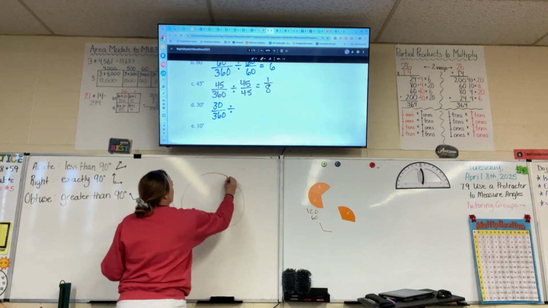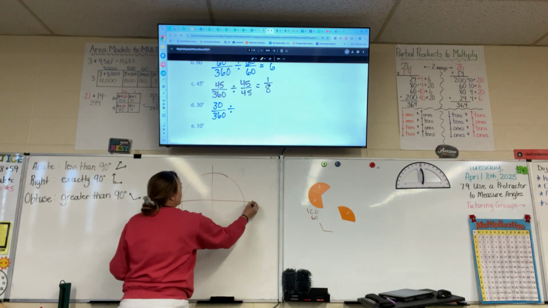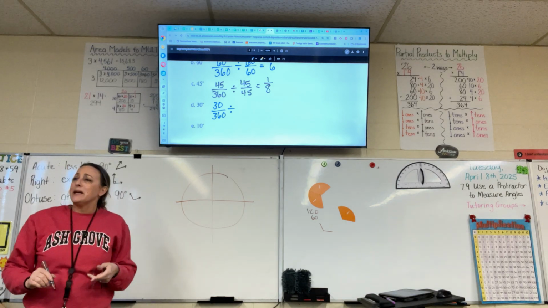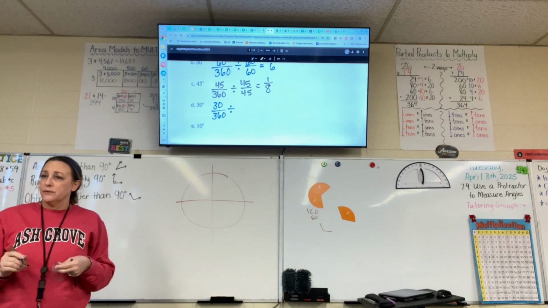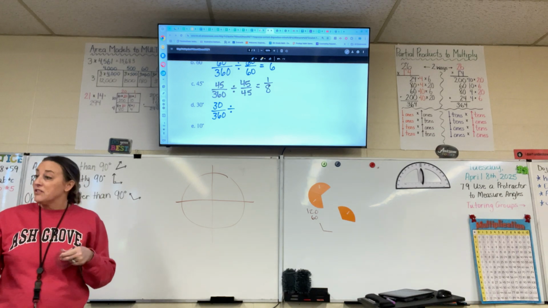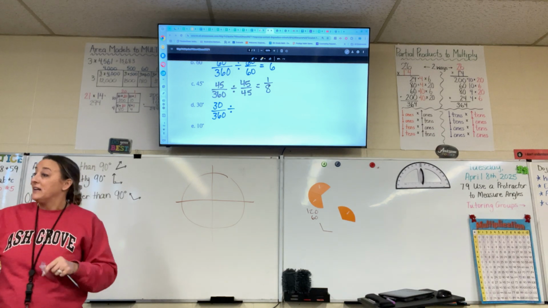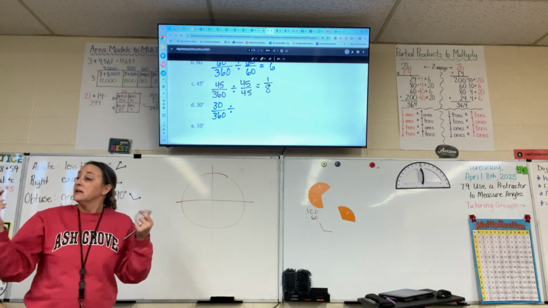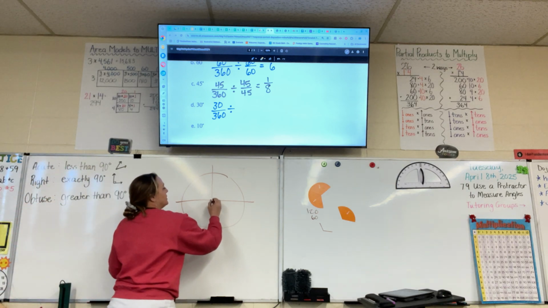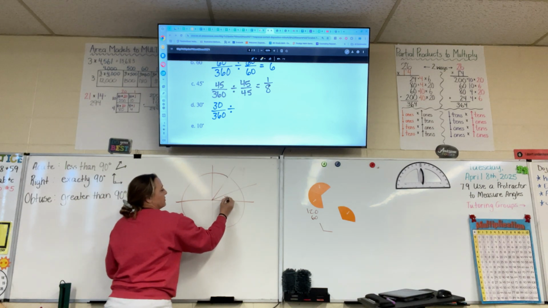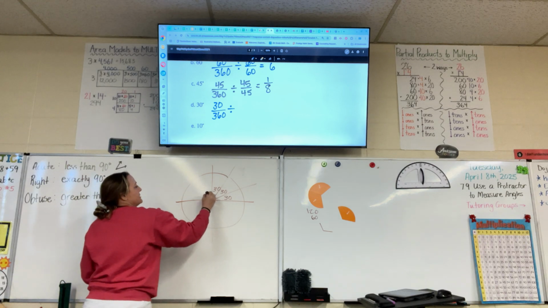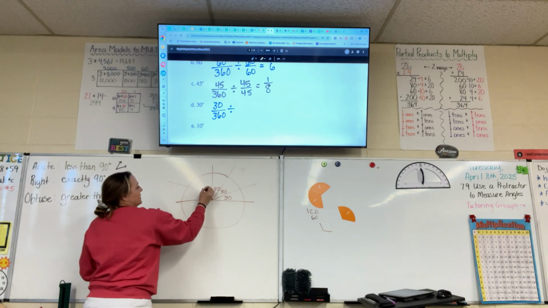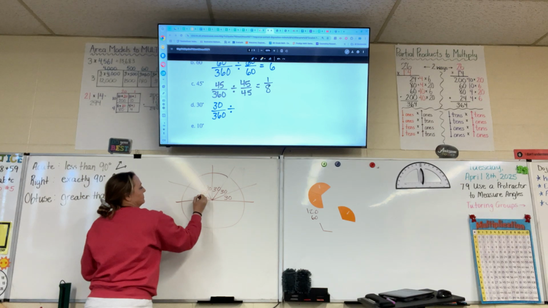Well, if we have a circle that's split into 90s, can you split a 90-degree angle into 30-degree angles? How many 30-degree angles would be in 90? Because 3 times 3 is 9. So here's what I would do. Here's 1 30-degree, 2, 3 30-degrees. So 30, 30, and 30. So each one of these sections is going to have 3 30s, right?